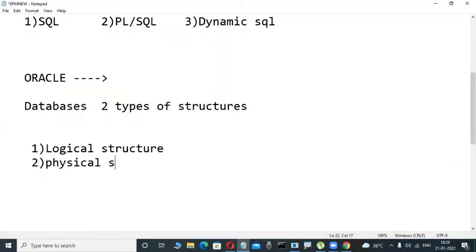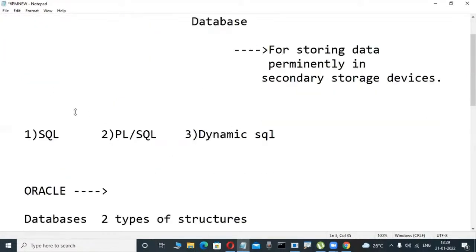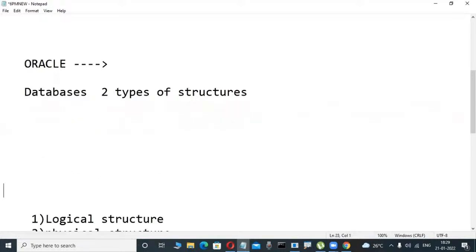Before we tell what the logical and physical structures are in every database software, consider the database definition in books, which so many people write like this. Today at least you will understand.